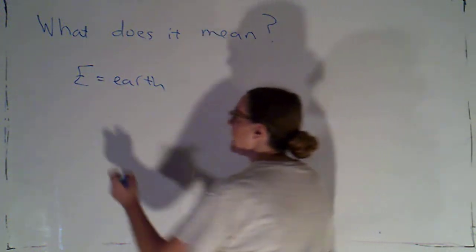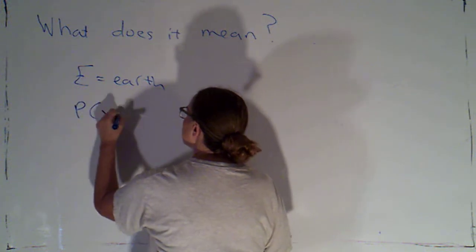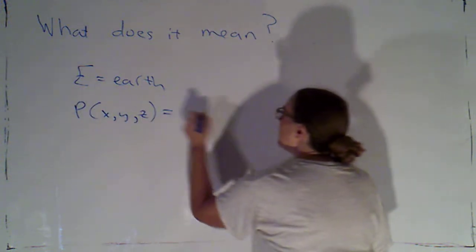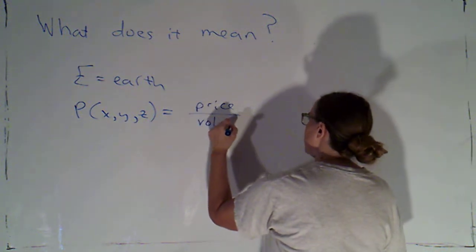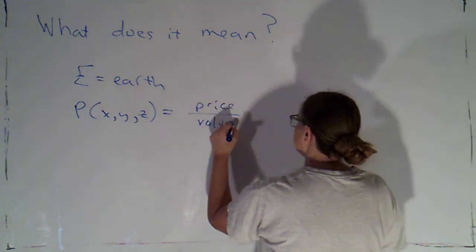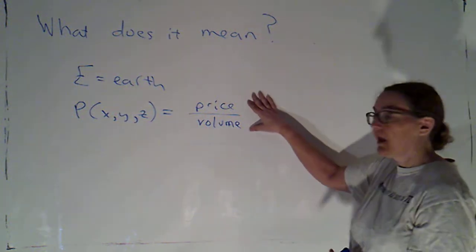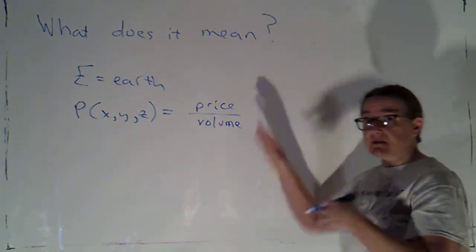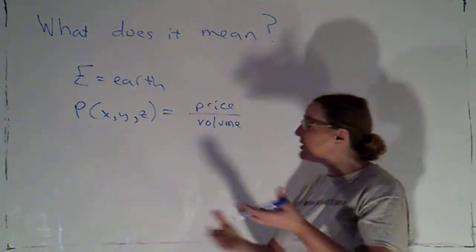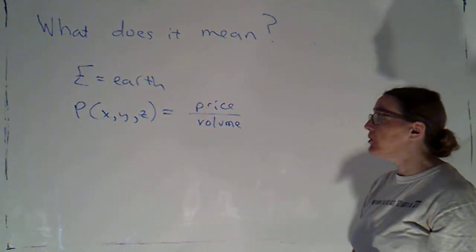So I'm going to have a function P of x, y, z, which is the price per unit volume of a piece of land. And this is going to vary because obviously some pieces of land are more valuable than others.